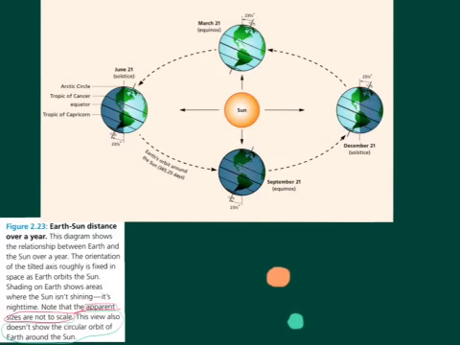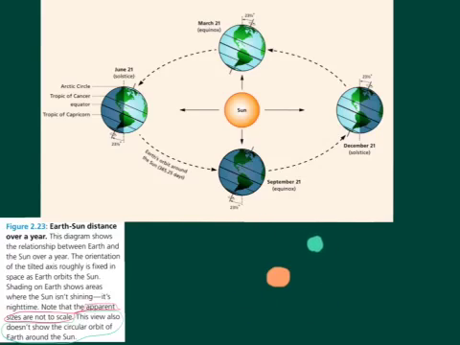So if I heard someone on the radio say that the seasons change because the Earth gets closer to or further away from the sun, I would think that it was a ridiculous statement because the Earth goes in a circular motion.